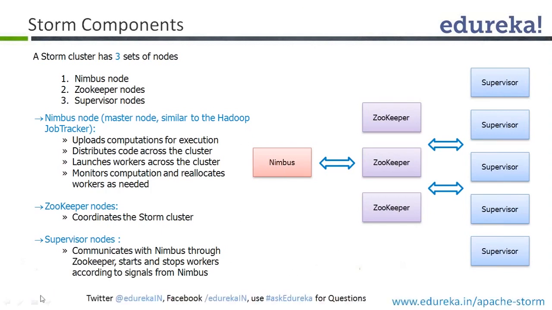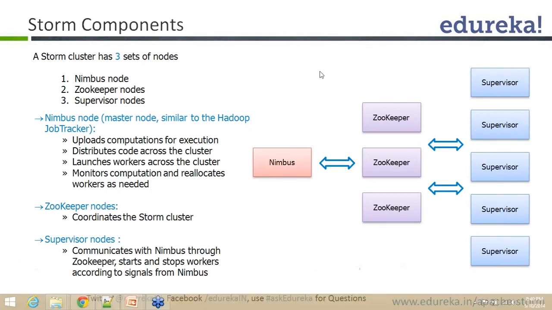I'm not saying it is exactly the same, but for now you can assume it is something like the job tracker, or your name node, which is the master of your entire system. Nimbus uses Zookeeper to maintain the state of your cluster altogether. All of the topologies which keep running on your cluster, Zookeeper is the one which will maintain the states of that.